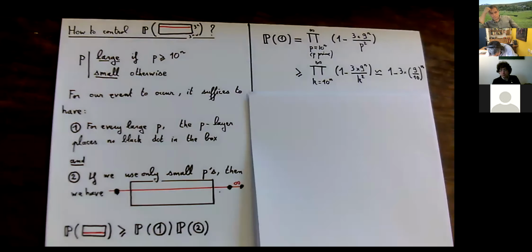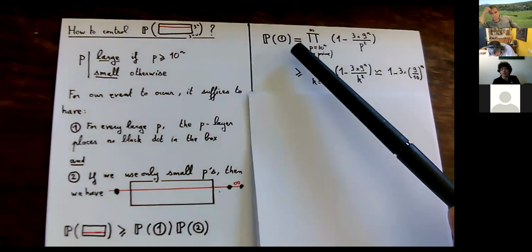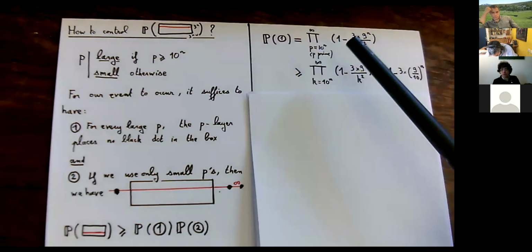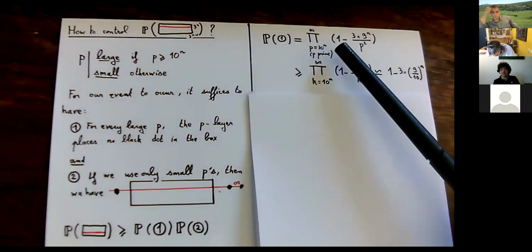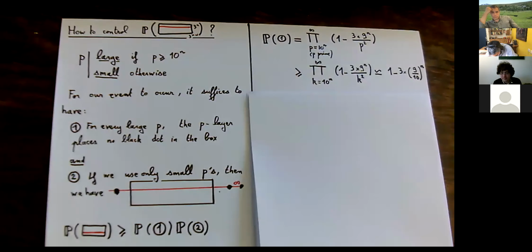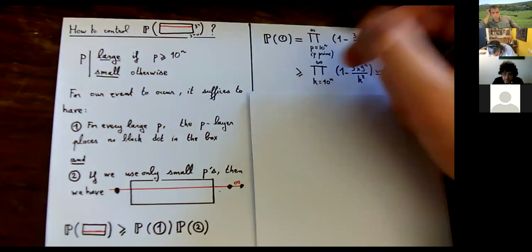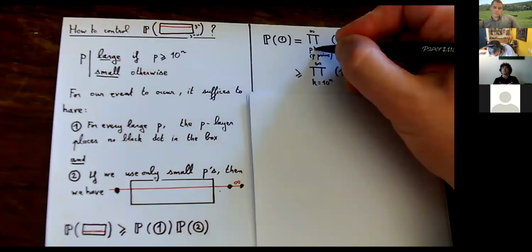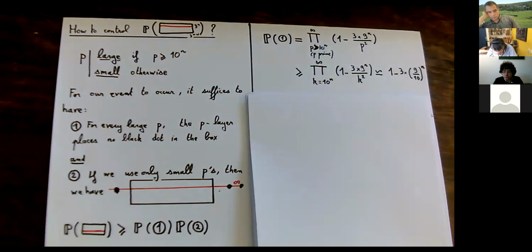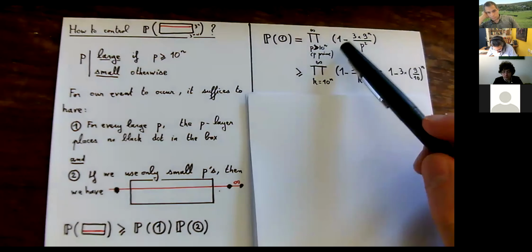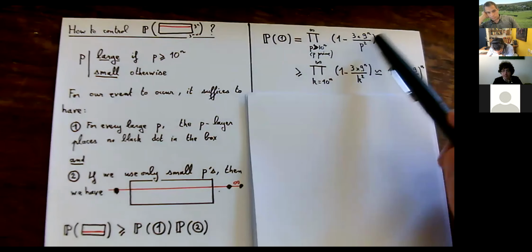The probability of event 1 is, well, the P layers are independent, so it's the product for primes larger than P to the 10 to the n, sorry. Well, it's the product of 1 minus the area of the rectangle divided by P squared.